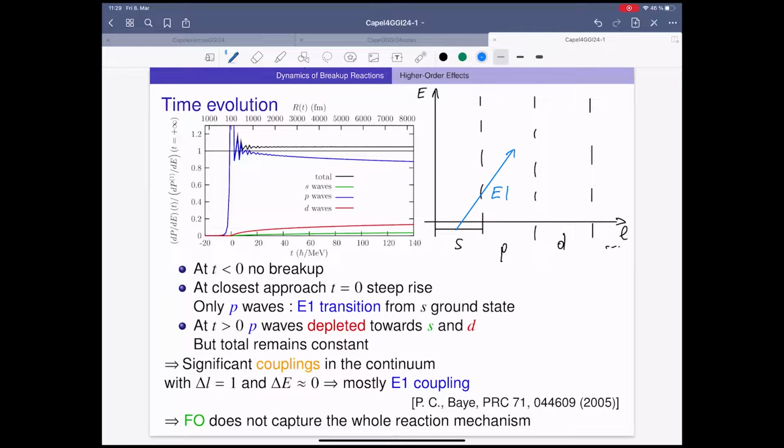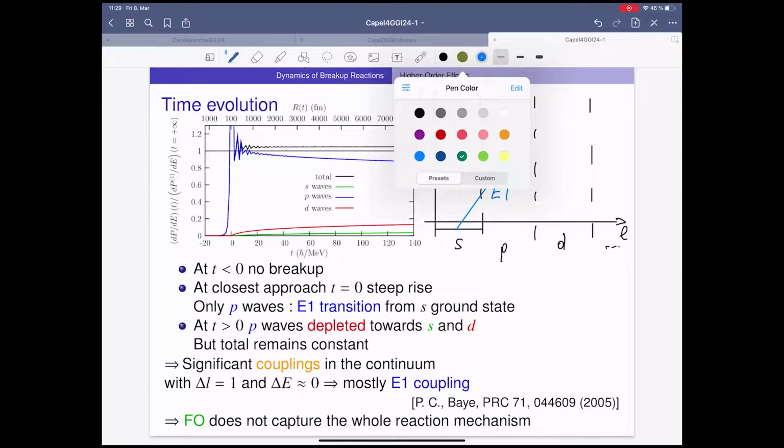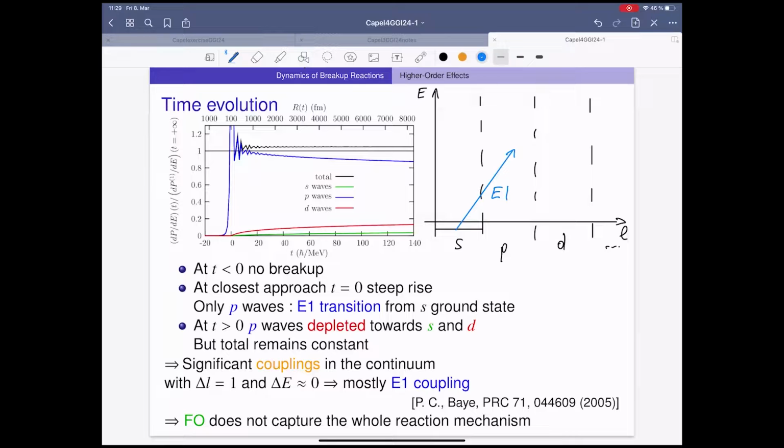It's just an electromagnetic transition. You start from an S wave, you go into the P wave in the continuum. And once you're there, what happens is, E1 is a long-range interaction. It's the dominant part of the Coulomb interaction. It's the longest range part of the Coulomb interaction.